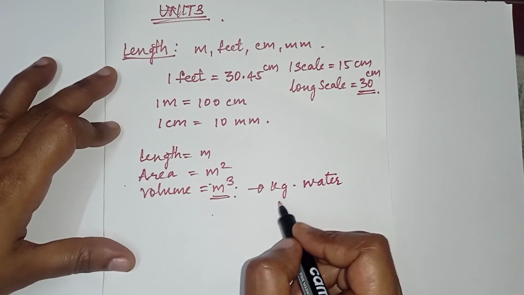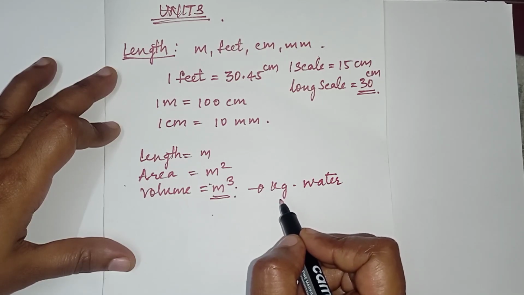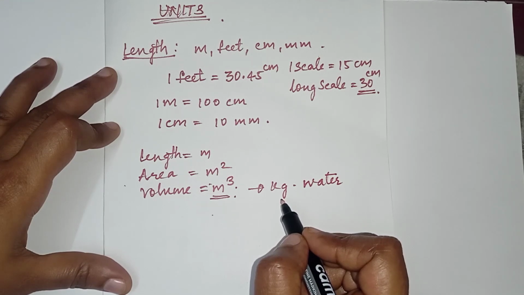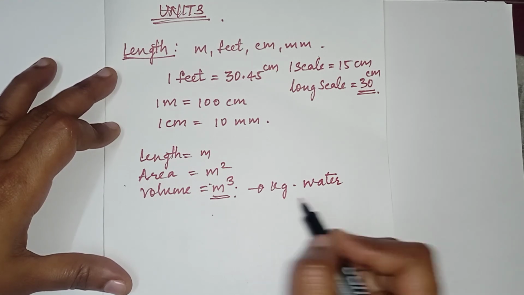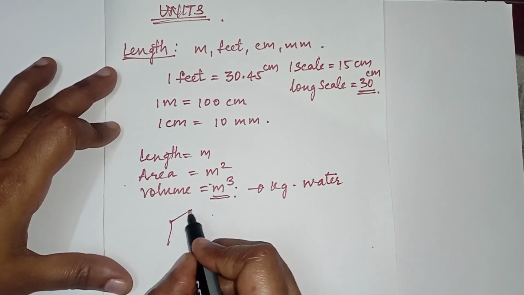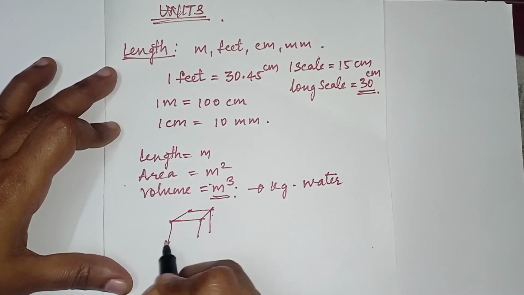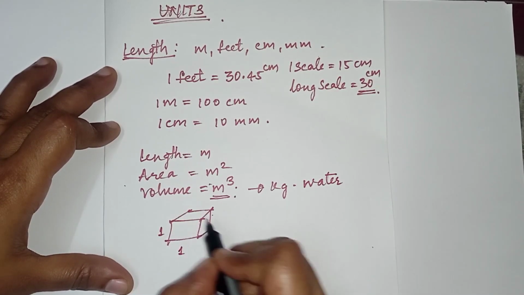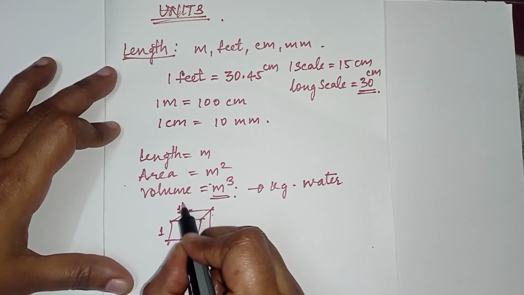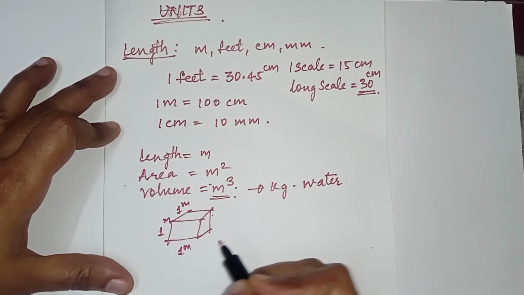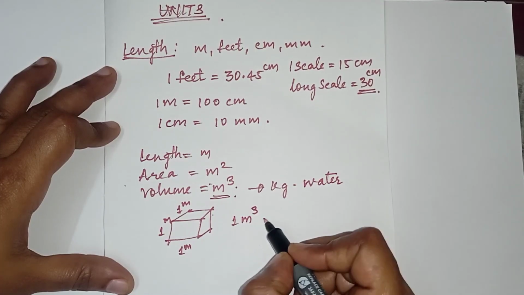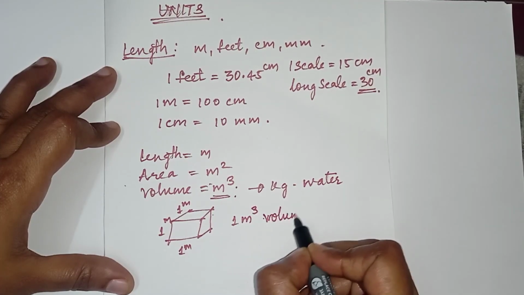So how many kg is 1 meter cube? How many kg would be accommodated in 1 meter cube? Just to give you a visualization, consider all sides as 1 meter, so this would become a 1 meter cube volume.